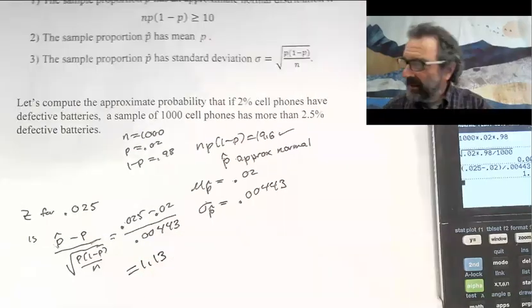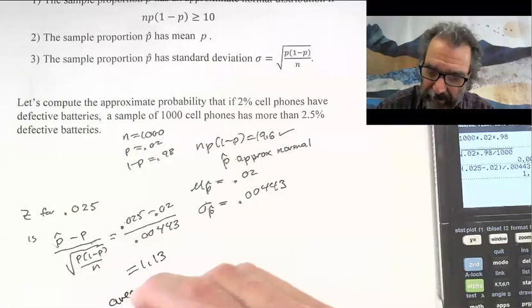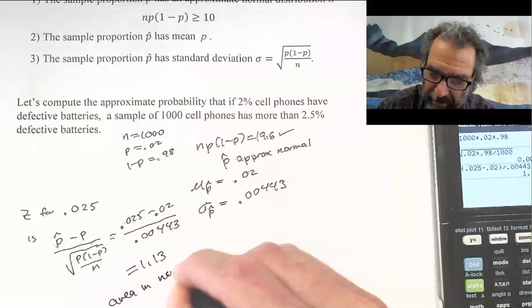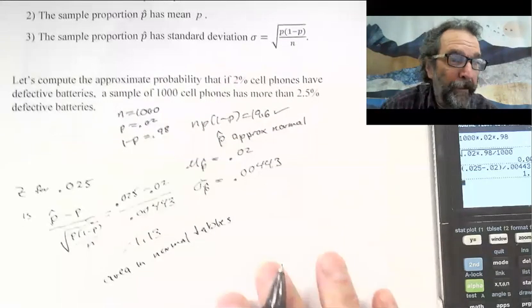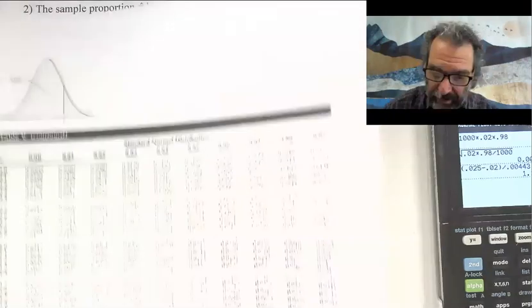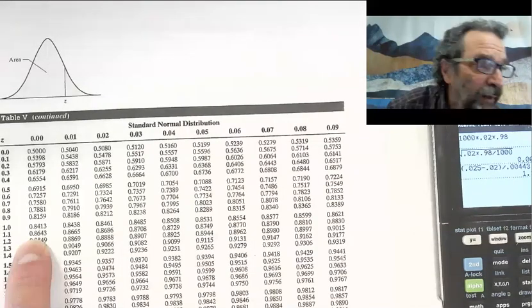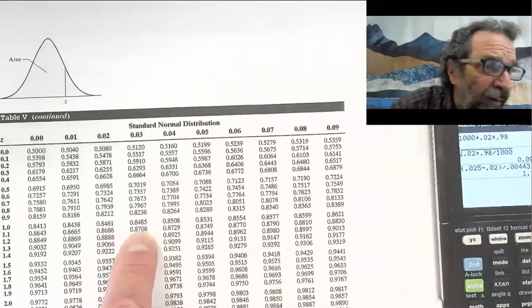And then I'm heading over to the tables. The area in the normal tables for 1.13 is 0.8708.